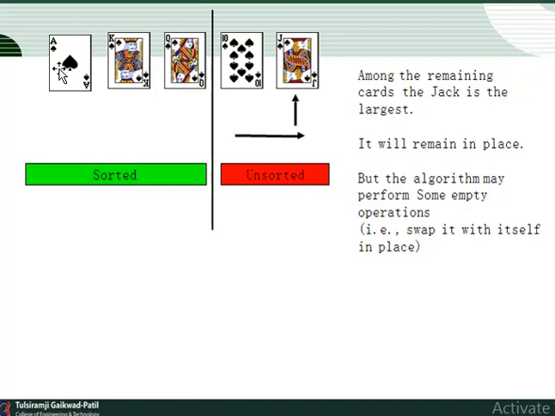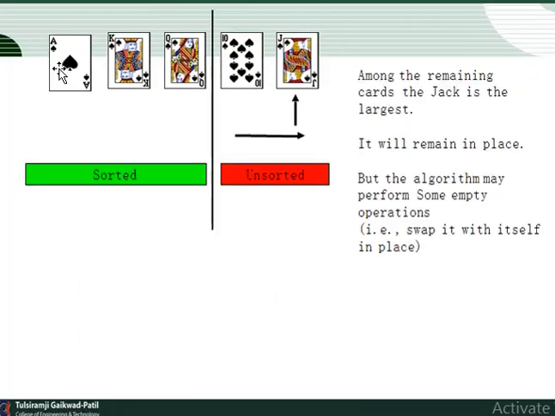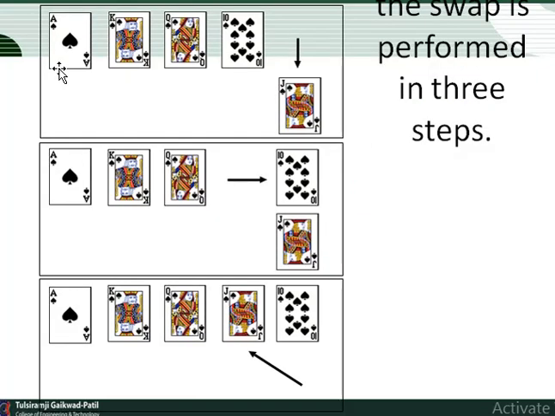Then you get the next sorted order, that is ace, king, queen, jack and 10. This is the final sorted list among the given cards.